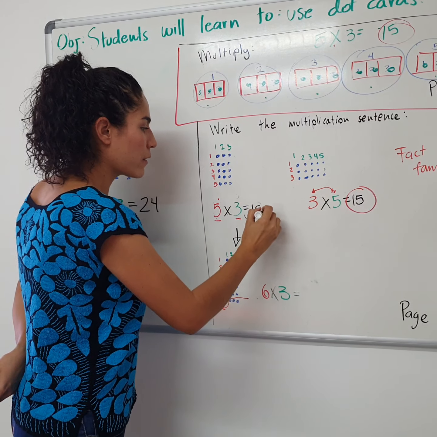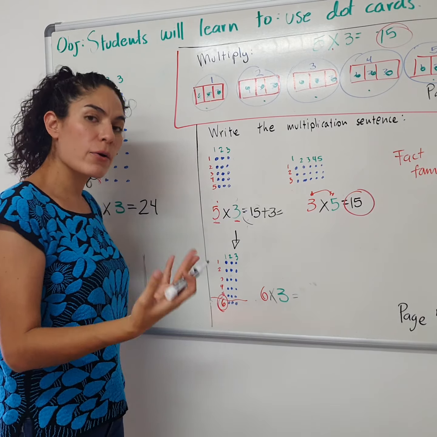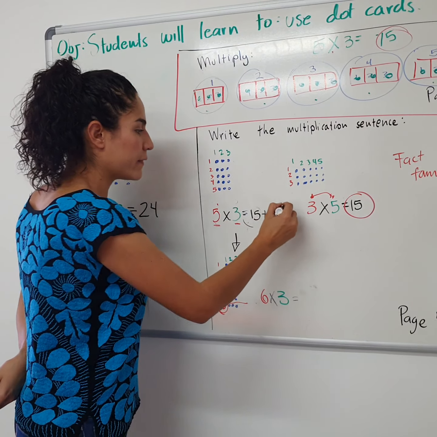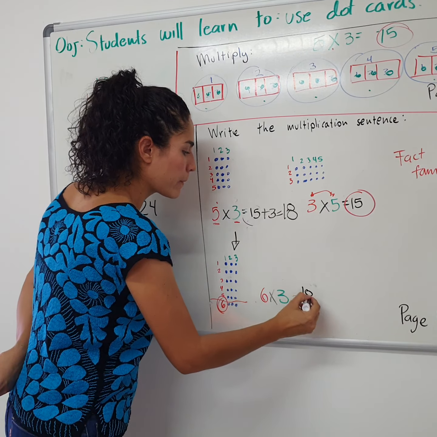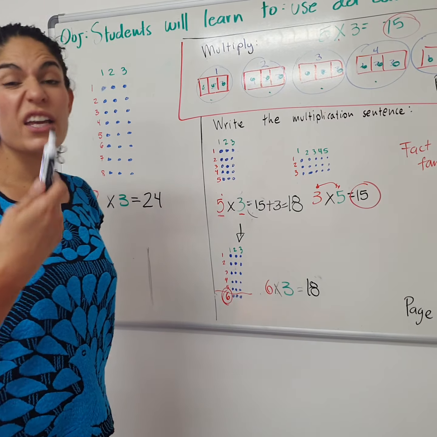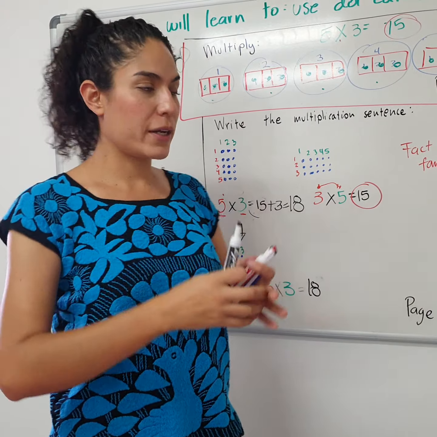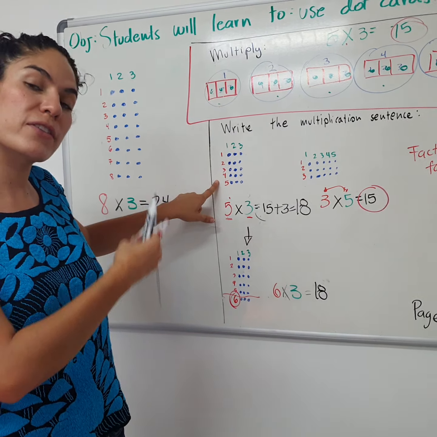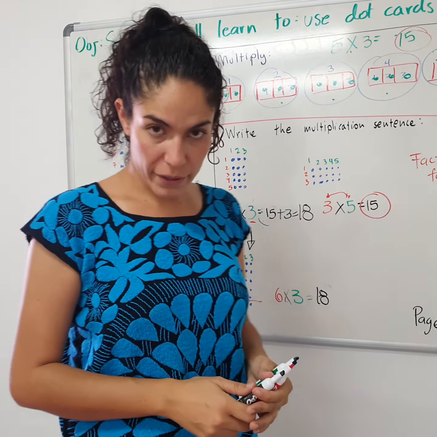You just add 3, and what is the answer? 15, 16, 17, 18. In that way, you know that 6 times 3 equals 18. And you don't have to be counting all over again. You take the first exercise or your previous exercise as a reference, okay?